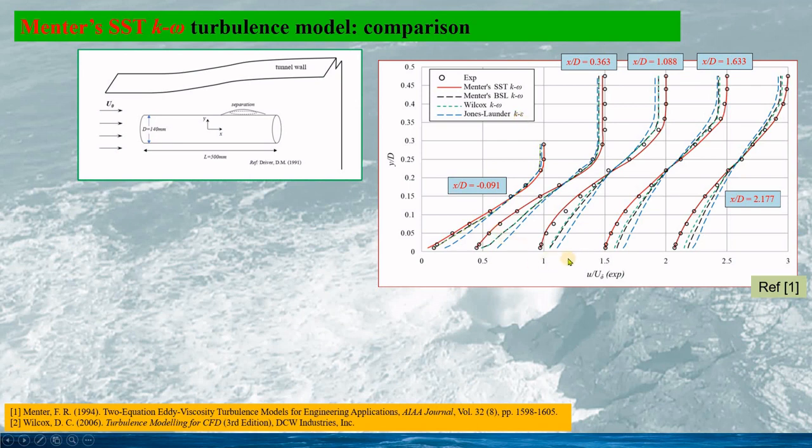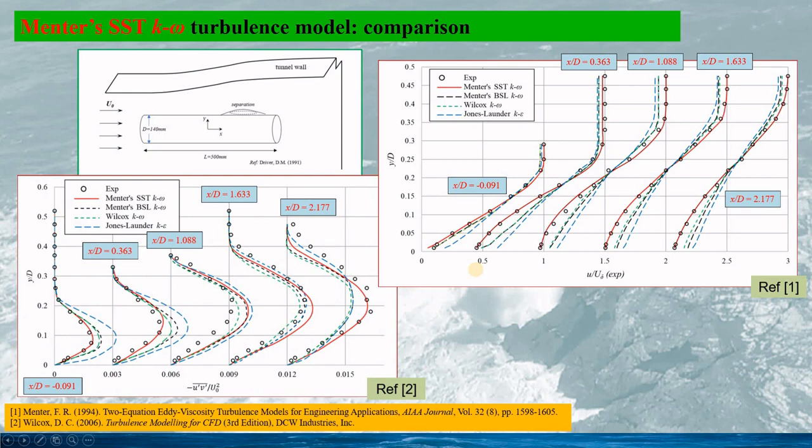From the comparison with the experimental data, we can see Menter's SST model predicts the boundary layer profile very accurately, best in all 5 locations, and the Jones-Launder k-epsilon model is the worst in all the cases.